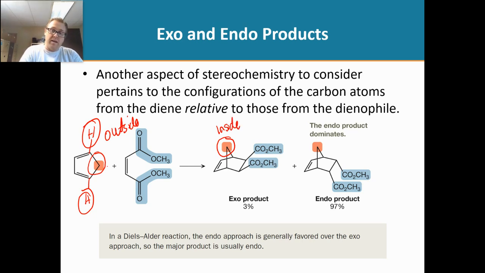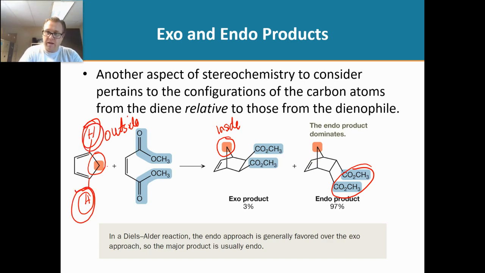Okay, and what is the relationship? If the substituents on the dienophile are on the same side, then they're exo. And here you see that is also the inside, and that those groups are on opposite sides of one another. Now, where would these hydrogens be?